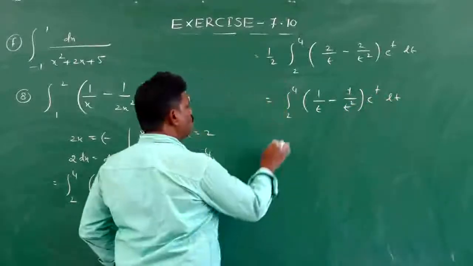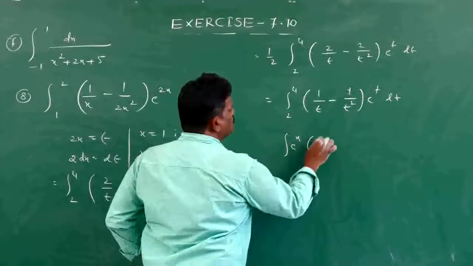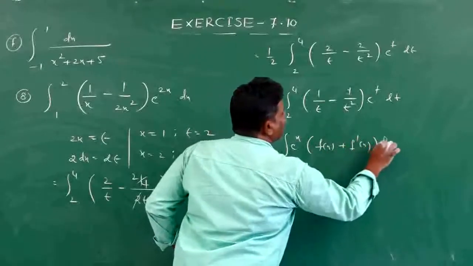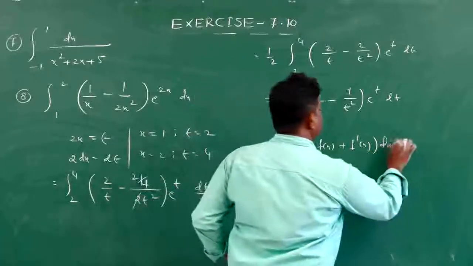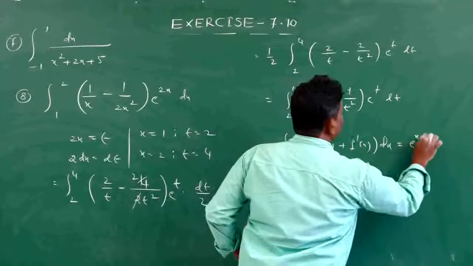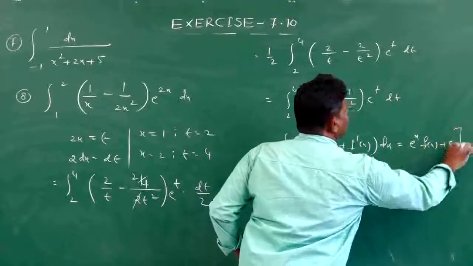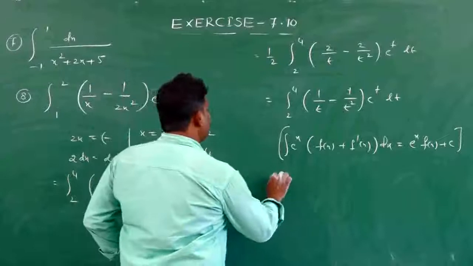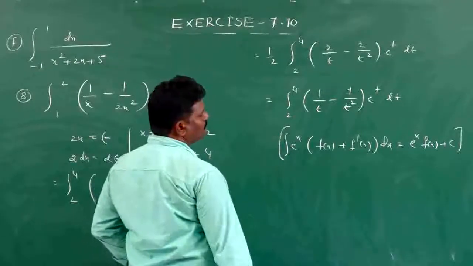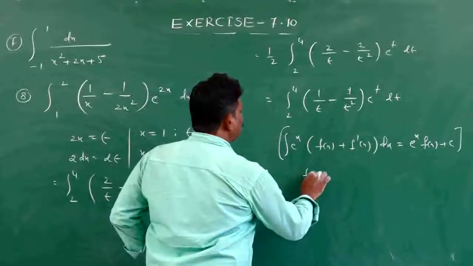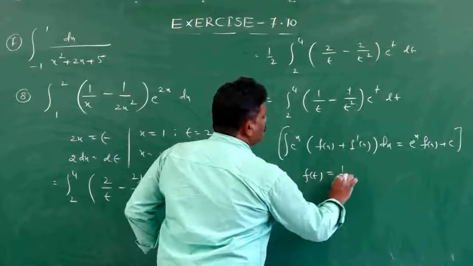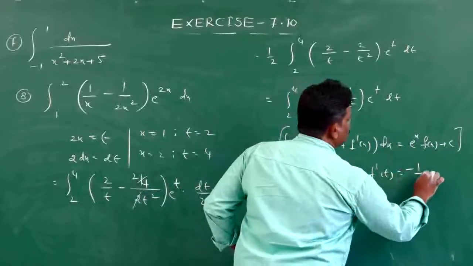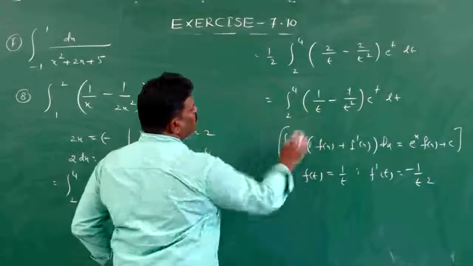Now we know the formula: the integral of e power x into f of x plus f dash of x dx is equal to e power x into f of x plus c. Applying it here, f of t is equal to 1 by t, and f dash of t is equal to minus 1 by t square, so this is the f of t function.